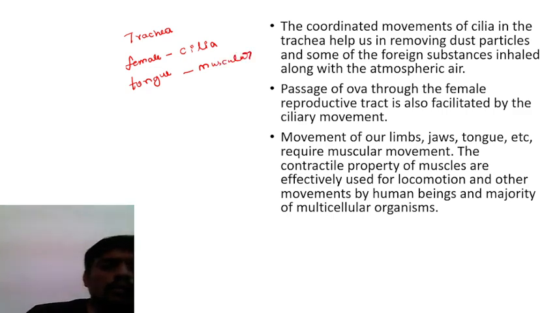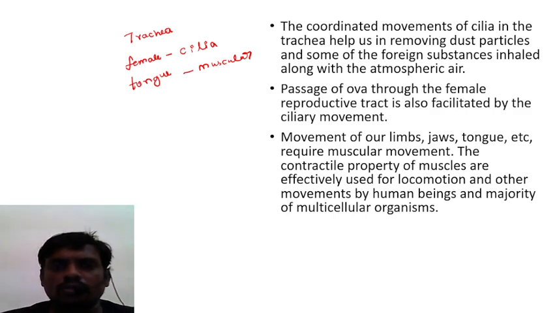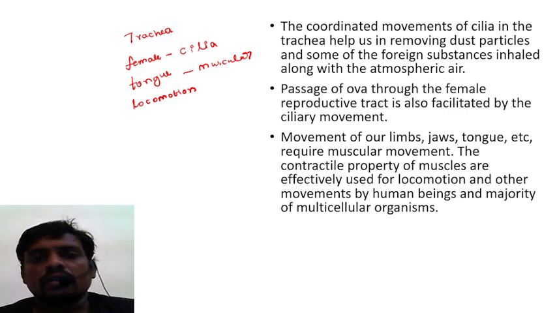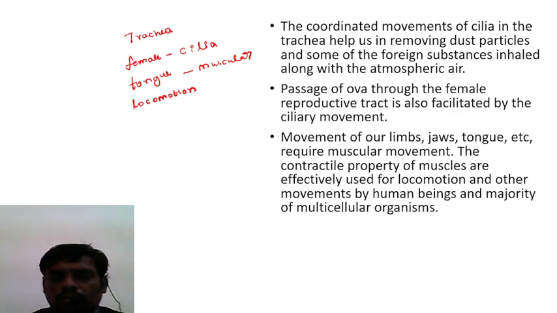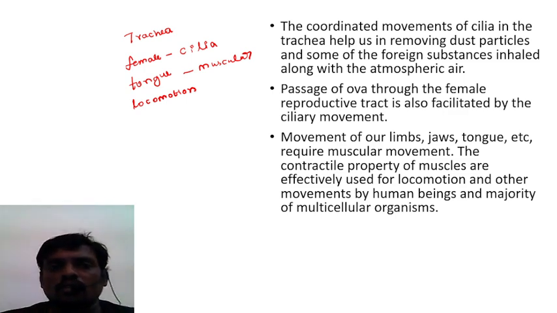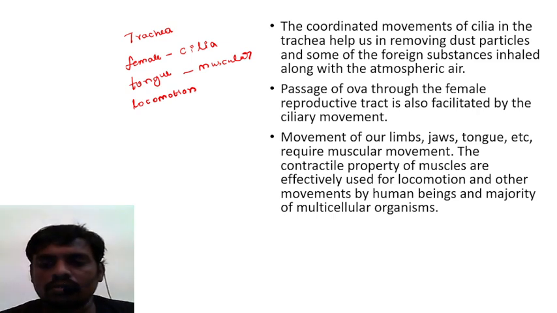The contractile property of muscles is effectively used for locomotion. Muscles have this contractile property due to the presence of certain proteins. About these contractile proteins we are going to learn in the coming videos.